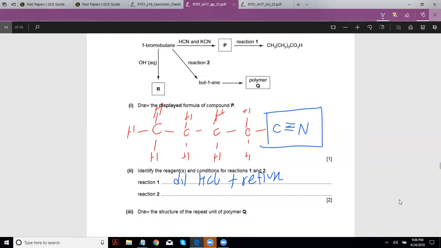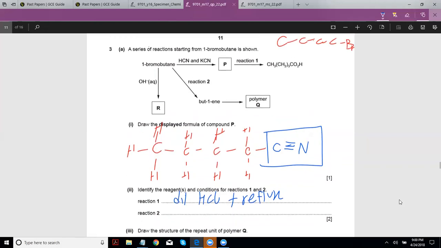But reaction 2 को देखो, तो but-1-ene. So you know the double bond बन रहा है, which is basically, if it was अगर Br नहीं होता, अगर इधर OH होता, तो that would have been dehydration. Since it's Br, this is an alkyl halide going to an alkene, that is elimination.